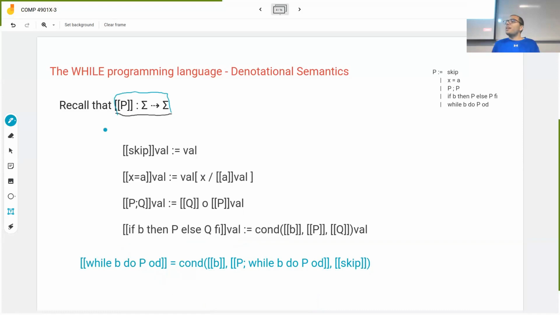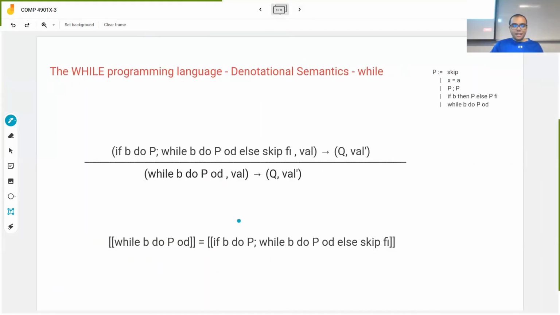So if I have a program, I can just use the operational semantics to find a function like this. But now I'm just assuming that I don't have the operational semantics for a second, and I want to have an inductive definition. So how can I come up with an inductive definition? And this is where we get into fixed points.